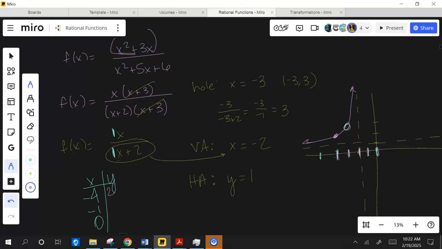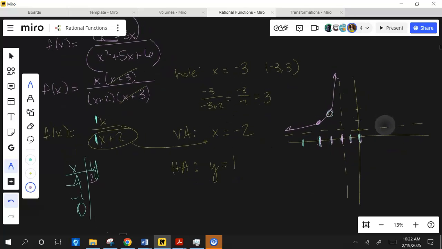You're going to need parentheses around the top, parentheses around the bottom. Yeah. How about -1? -1? How about 0? 0? Yeah.